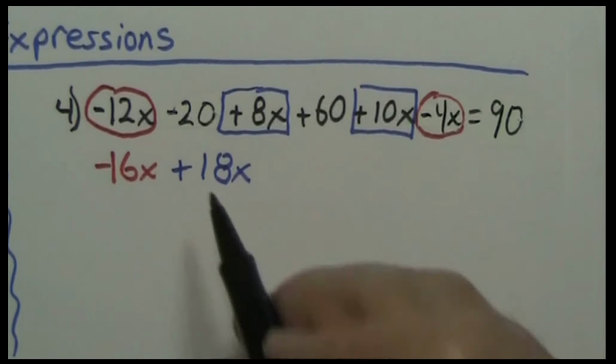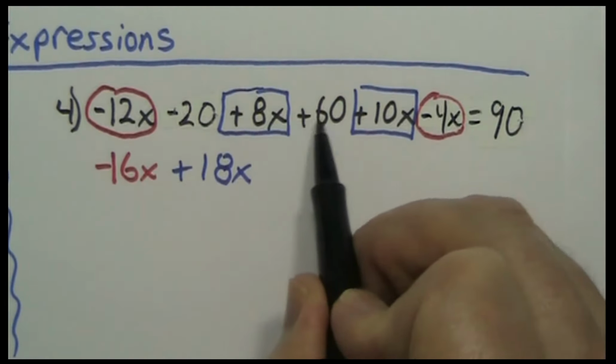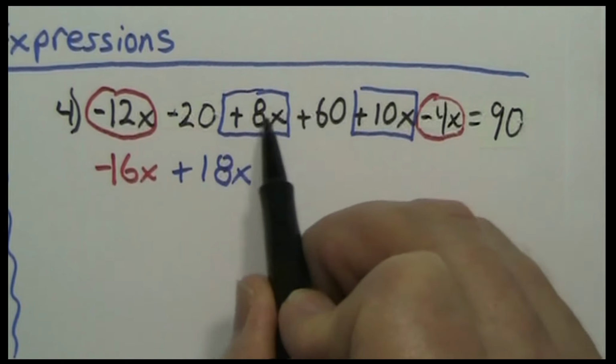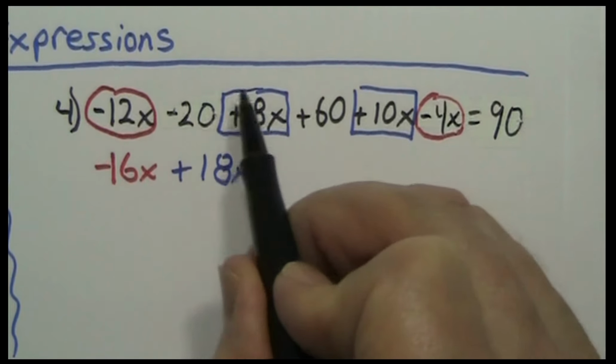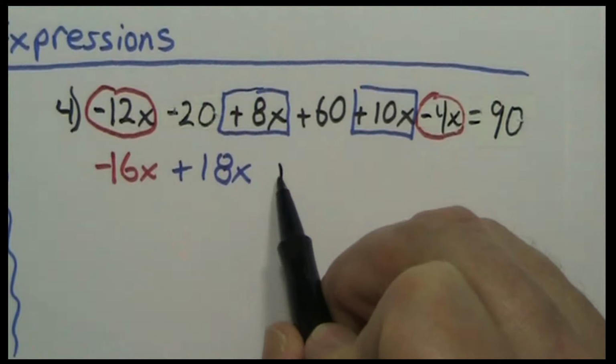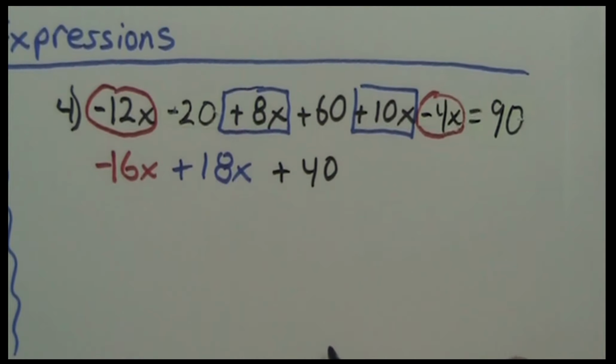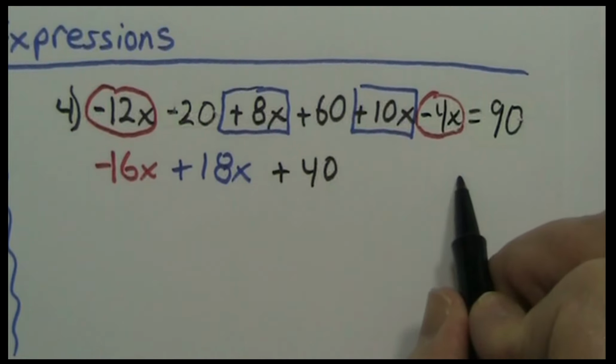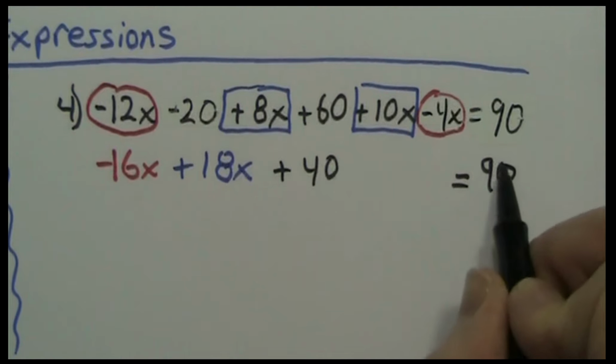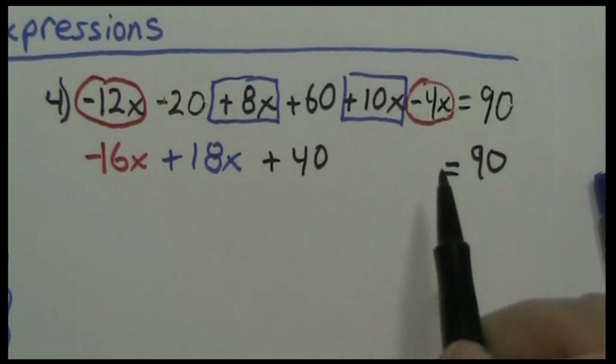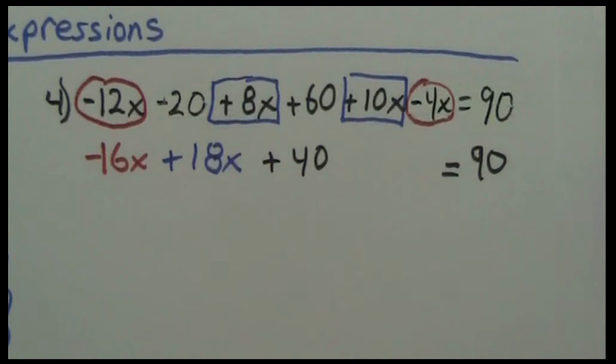We have negative 20 and positive 60. That's like 60 minus 20, which is 40. And all that equals 90. I put it over here because I like to keep the equals lined up.